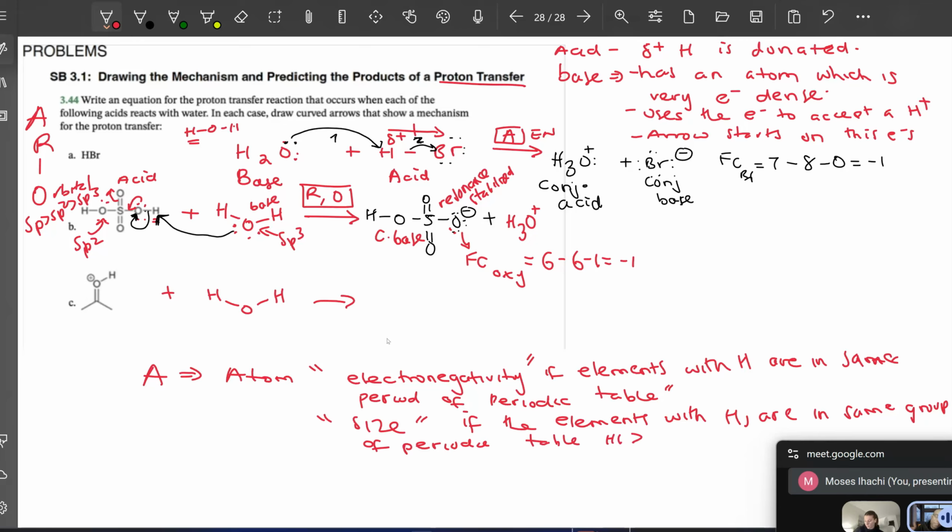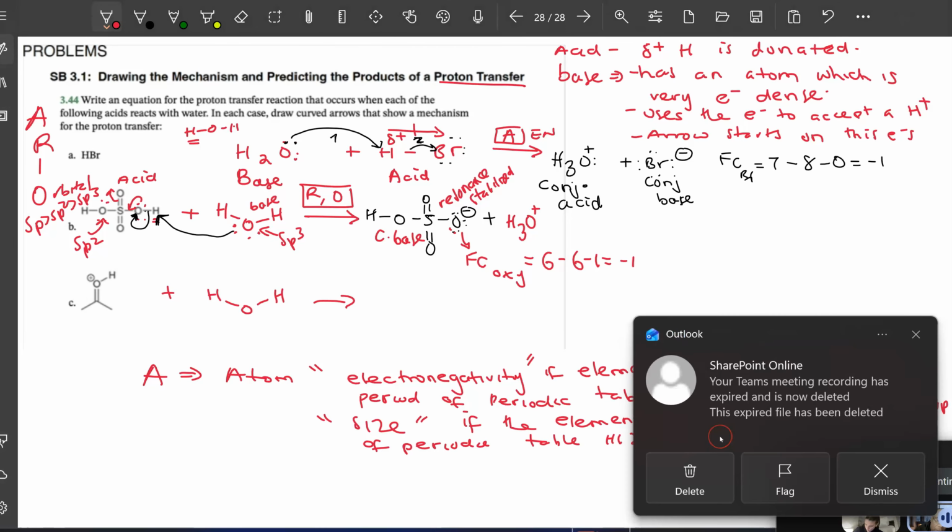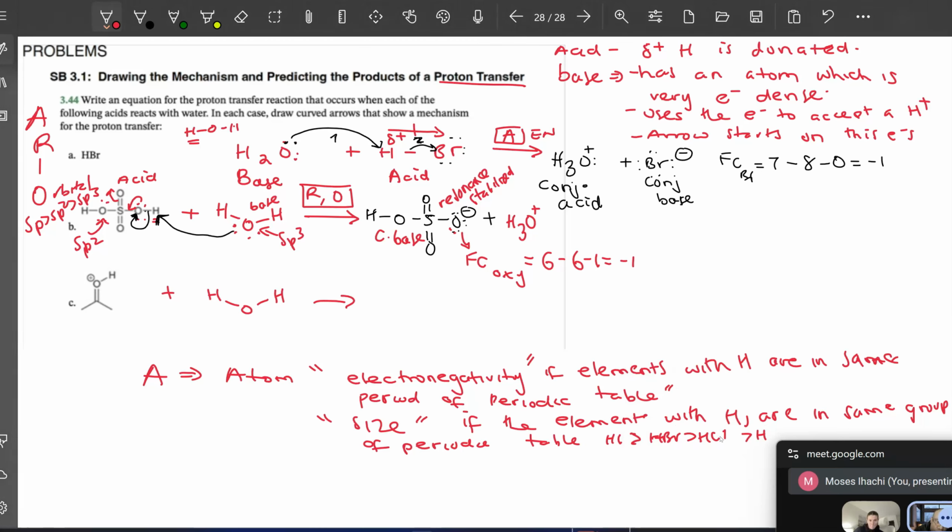Let me give you an example. HI is more acidic than HBr, more acidic than HCl, which is more acidic than HF.